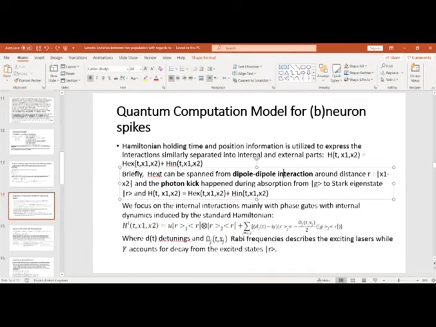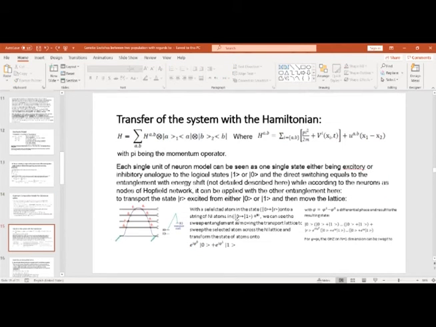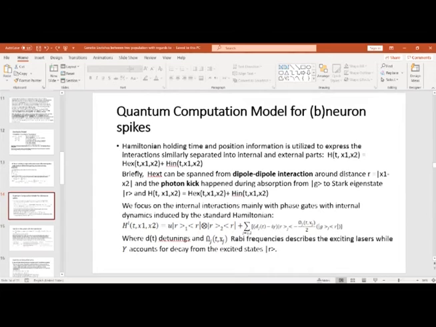The external part is based on dipole-dipole interaction and the photon kick, which here is not our focus. So we are focused on the internal interactions, based mainly on the phase gate operations, and its dynamics can be introduced by this standard Hamiltonian.